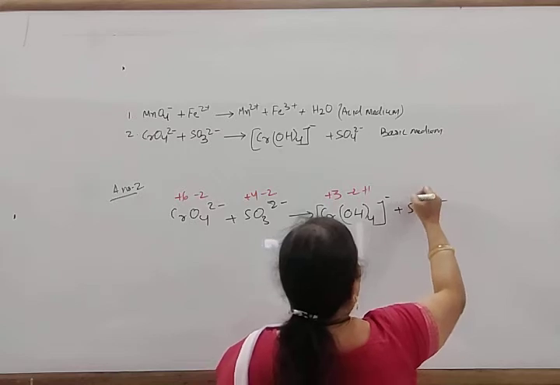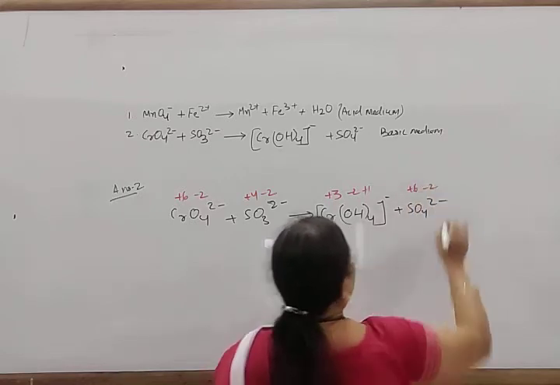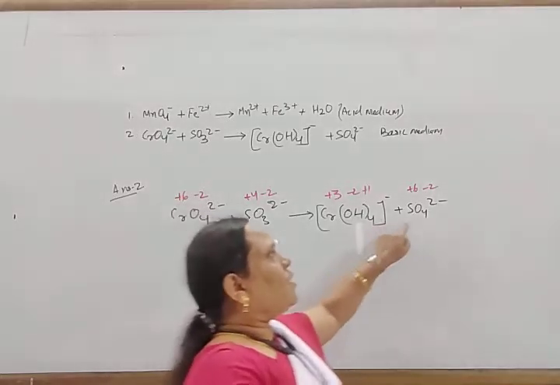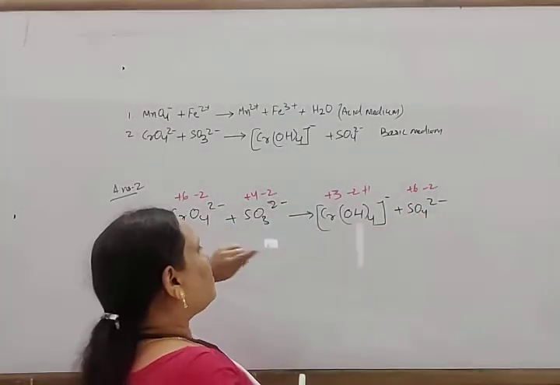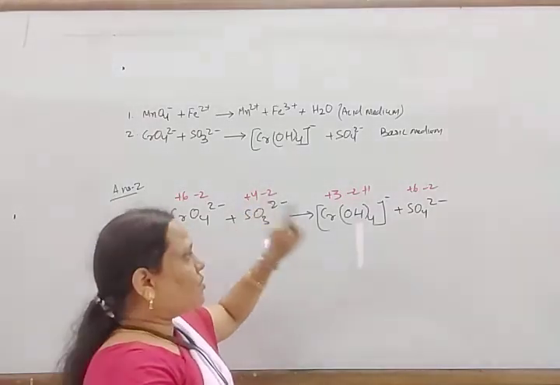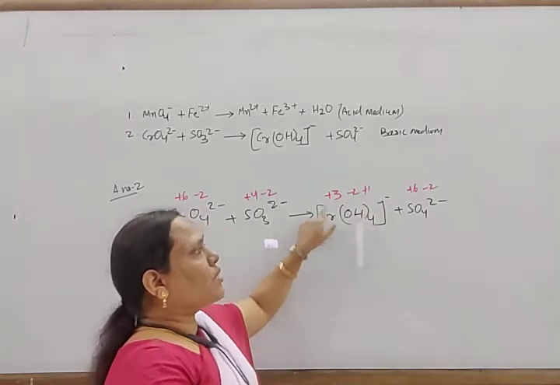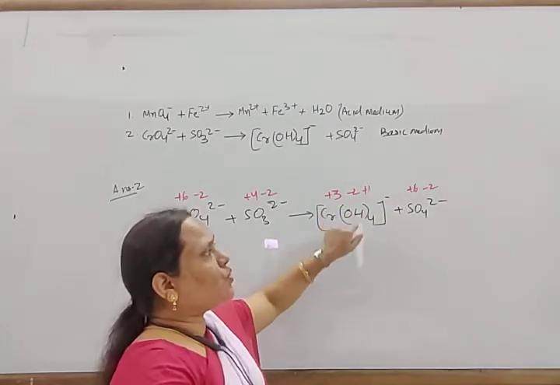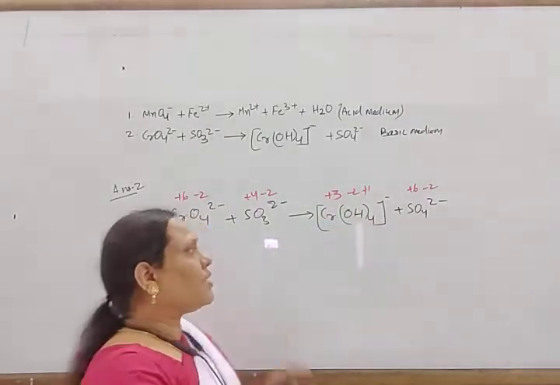Okay, and sulfur has here plus 6 and oxygen has oxidation number minus 2. Total sulfate has 2 minus, and oxygen has also minus 2. Total this complex has minus 1 but chromium has plus 3. Oxygen has minus 2, hydrogen has plus 1, so hydroxide has minus 1.